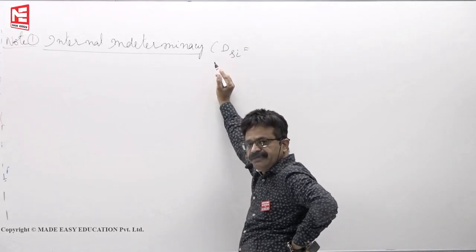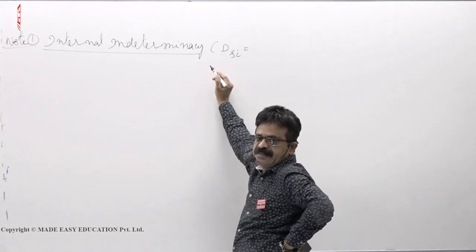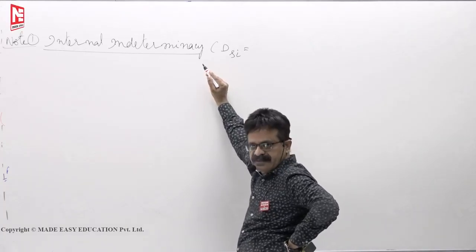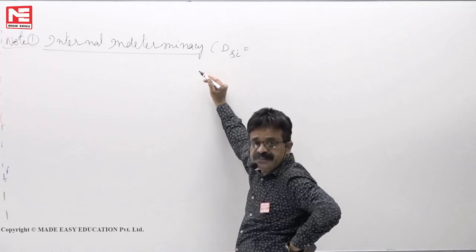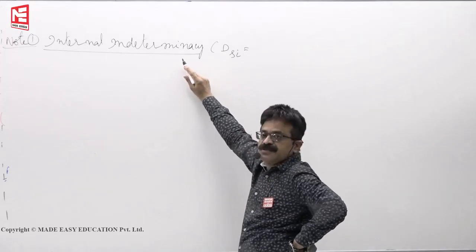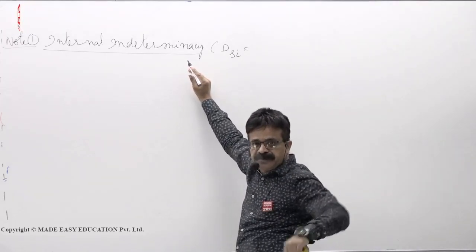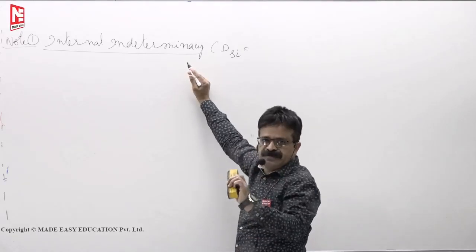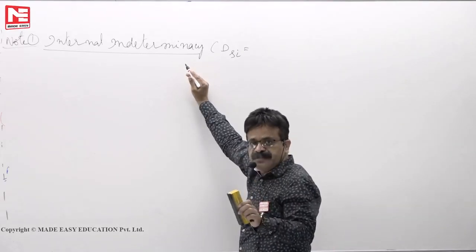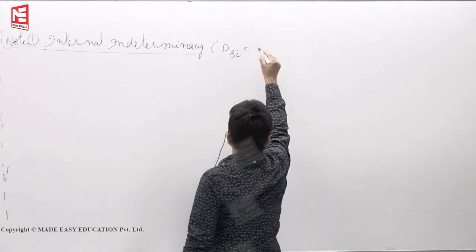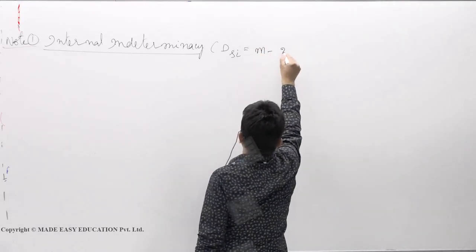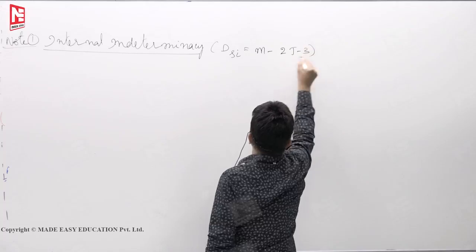If at all the number of members is more than 2j minus 3, we call it a redundant truss or internally indeterminate truss. How much indeterminacy is there is this one. That means how many members are there in excess of 2j minus 3. So many members you cannot find using equations of equilibrium. So DSI means how many members are there in excess of 2j minus 3.